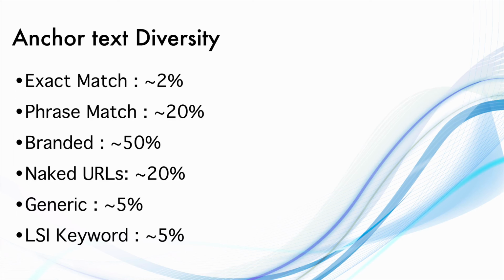Because when backlinking happens naturally, other webmasters or websites will link to you the way they want to, without keeping in mind whether you want an exact match or a branded anchor text. They would just link out very naturally. That is what you're trying to emulate, what you're trying to mimic. So it is very important to diversify your anchor text as much as possible without over-optimizing it.